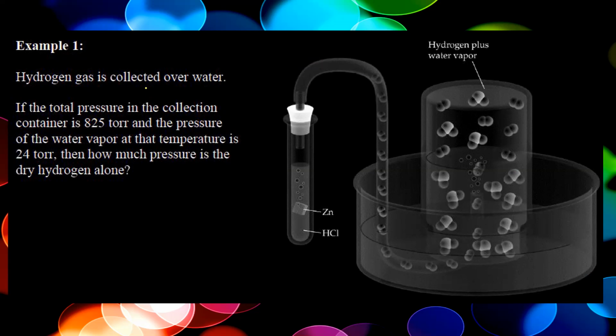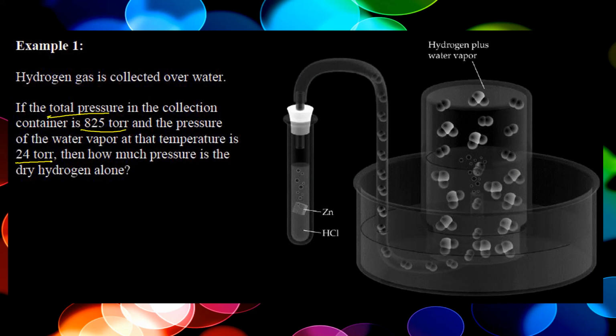So check out what we have here. Hydrogen gas collected over water. So I have a little picture of that, very similar to what we did. They're using a beaker. We used a test tube, same thing. If the total pressure is 825 and the evaporated water's pressure is 24, how much is the gas?